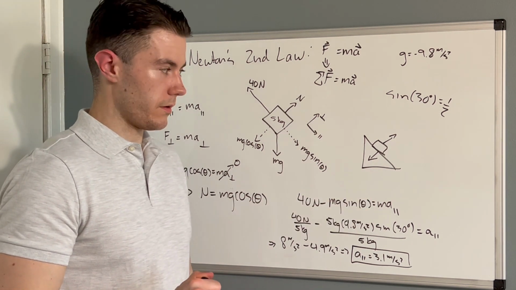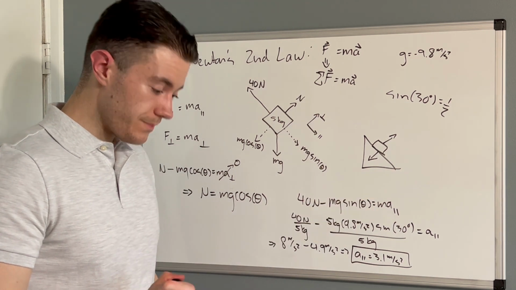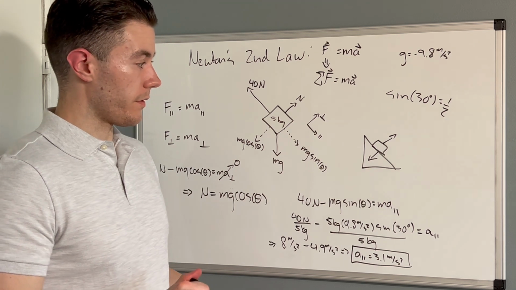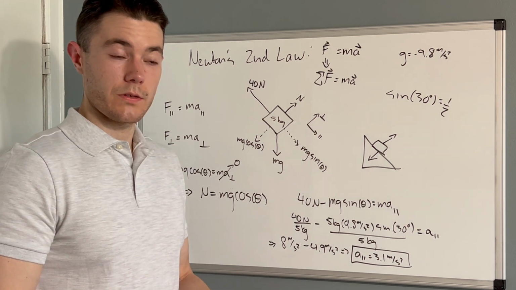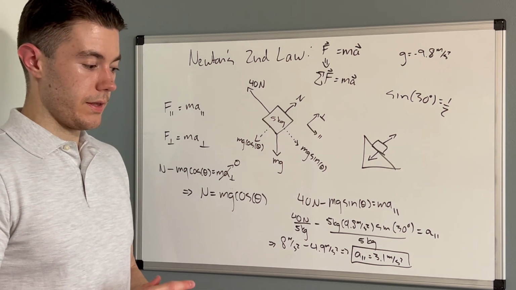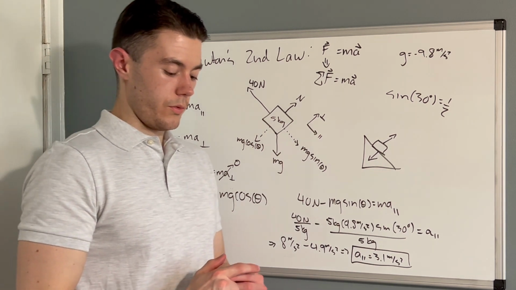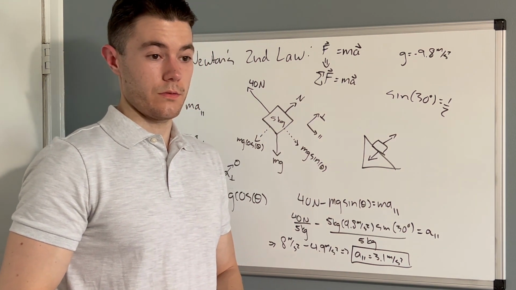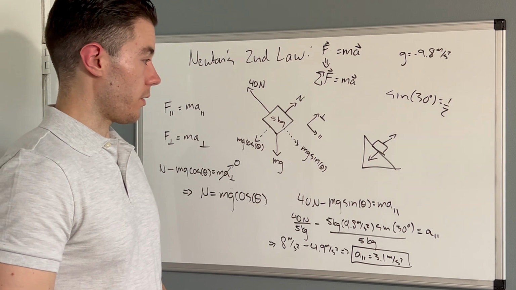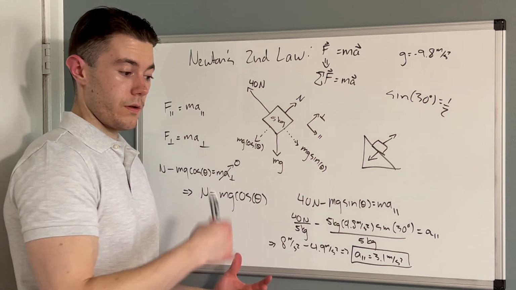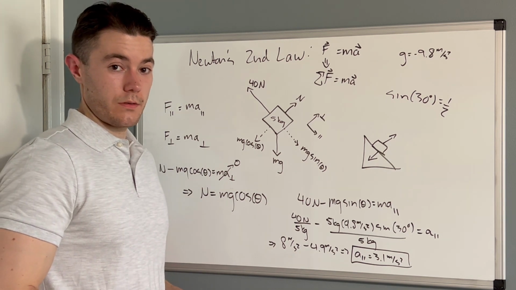Forgot to mention that earlier, but the incline was frictionless. In more complicated problems, there can be air resistance, friction, a bunch of other forces. In the next video, we'll take a look at a more complicated Newton's second law type problem, but this is a very simple one and a general overview of the applications of Newton's second law.